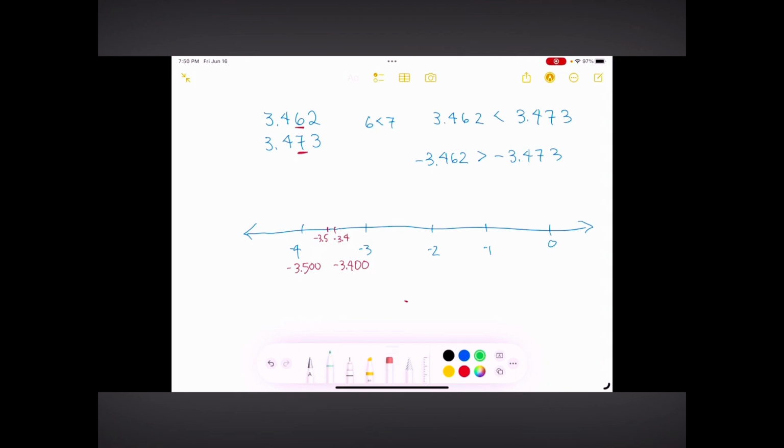And you can see that negative 3 and 473 thousandths is closer to negative 3 and 500 thousandths than is negative 3 and 462 thousandths. So therefore, negative 3 and 473 thousandths is less than negative 3 and 462 thousandths.